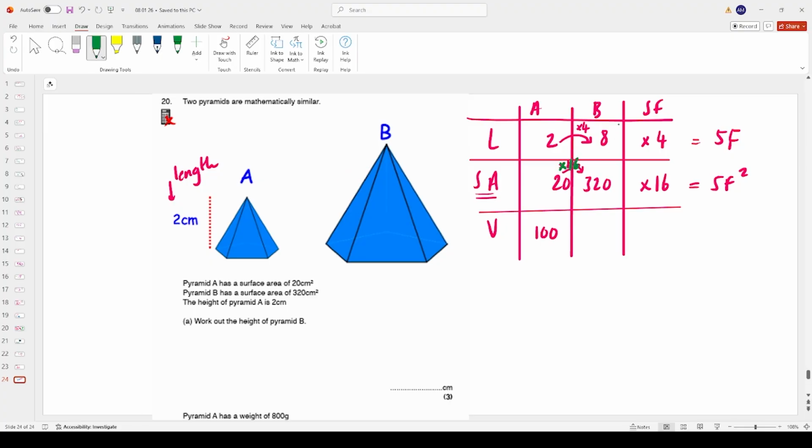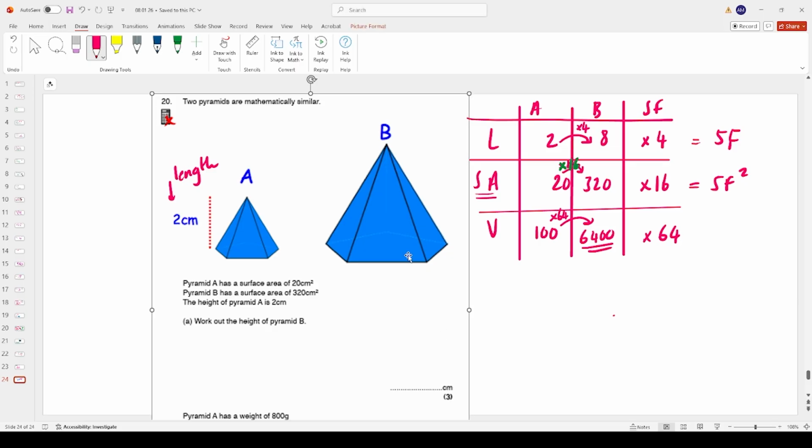That's times by 4. That making sense? So the scale factor for length is the scale factor. For area, we square the scale factor. For volume, we cube the scale factor. So it's times by 64. So we just times this number by 64, and we get 6,400 as the volume. Is that okay, guys?